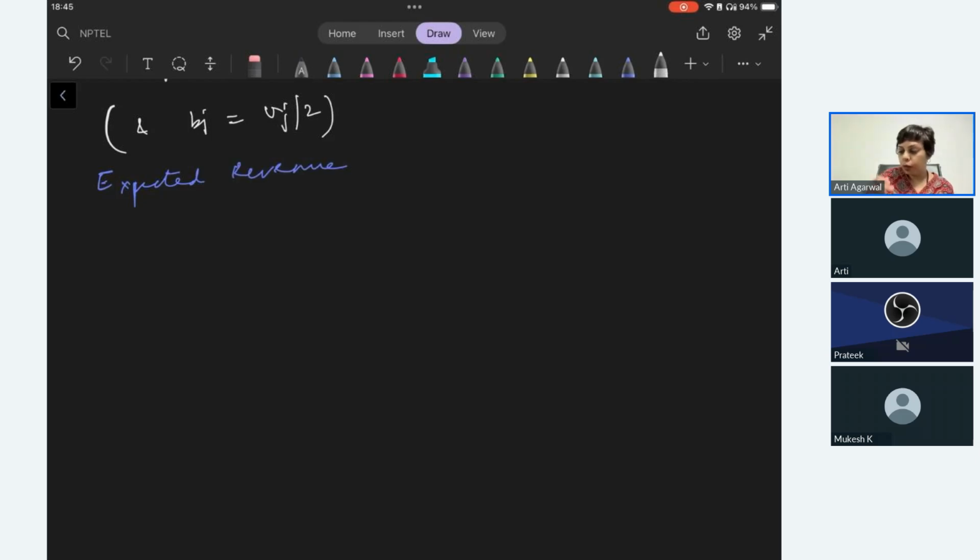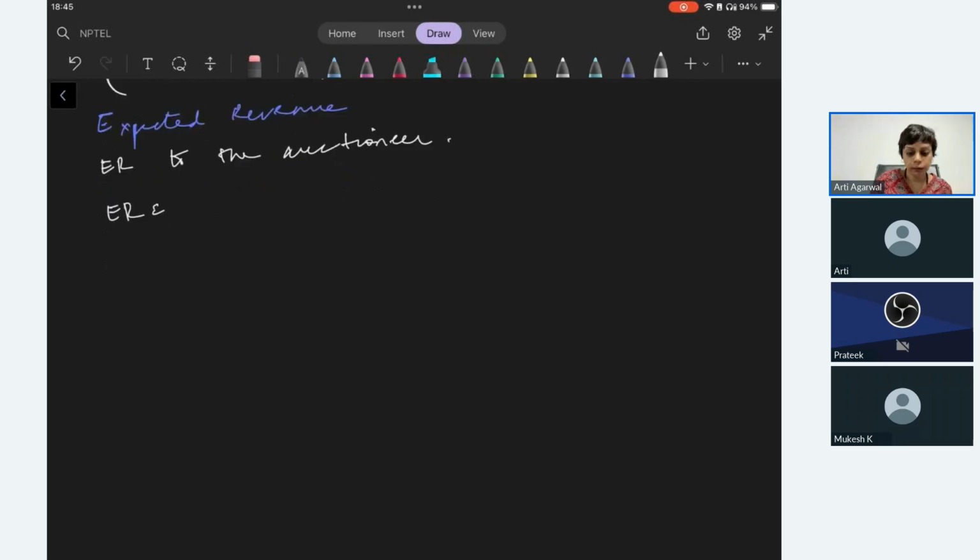Okay, so what we want to know is the expected revenue to the auctioneer, not to the players. What is he going to make, right? I've written ER as short. So expected revenue is going to be the maximum of the two bids, right? Maximum of B1, comma B2, whichever is bigger.